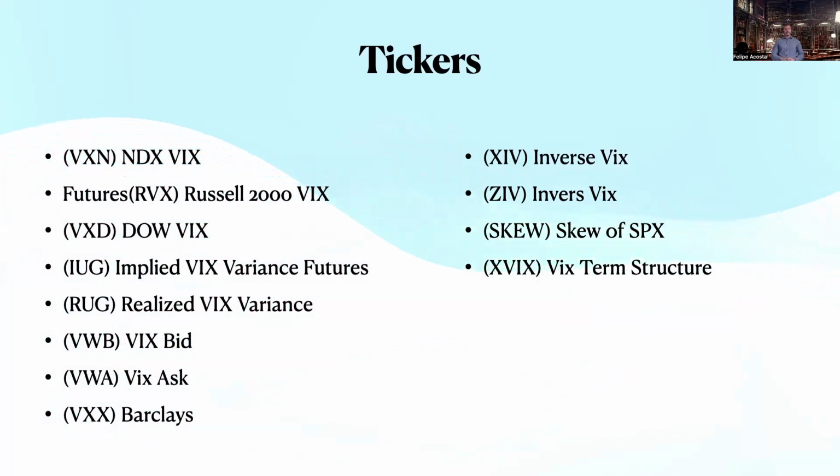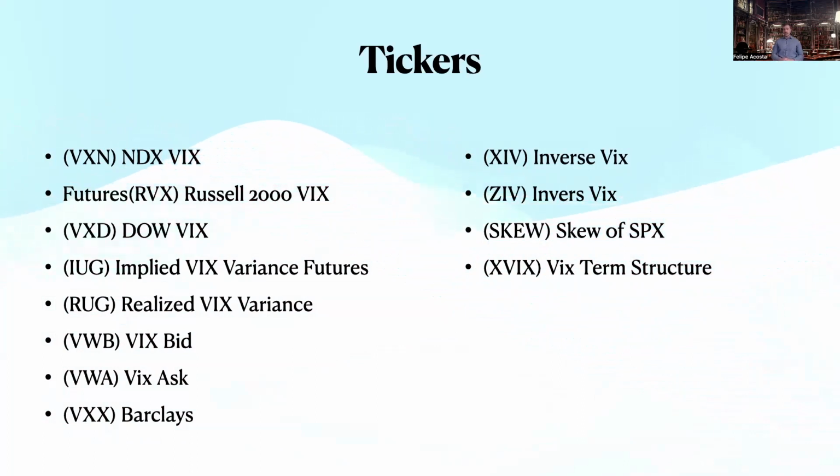RUG, which is realized volatility for the VIX variance futures. VWB, which is VIX bid. VWA, which is VIX ask, right? Bid and ask. VXX, which is provided by Barclays Bank, which is big in the market. XIV, inverse VIX.